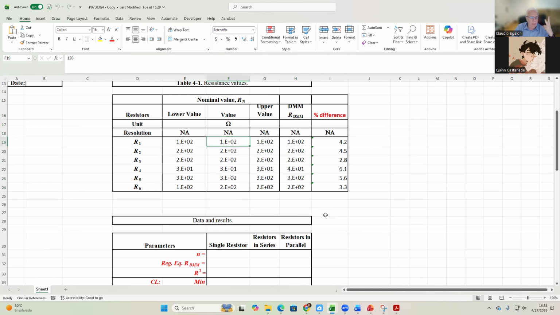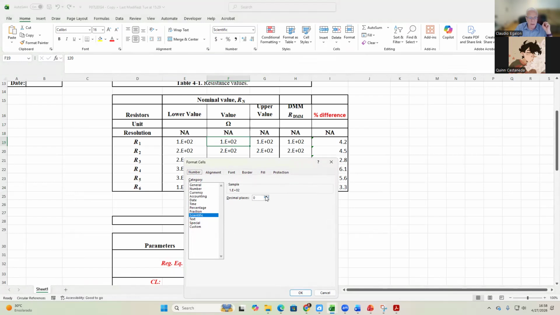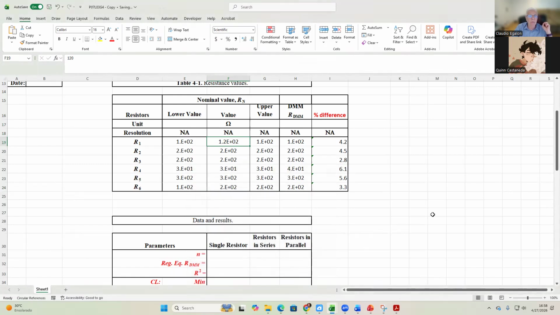For the color code, you have only two significant digits because it's the two colored bands. The two colored bands are the significant digits of the resistor, okay? So all you gotta do is display two significant digits here. That should be scientific. If you do just one decimal place, you will be able to display two significant digits, okay?